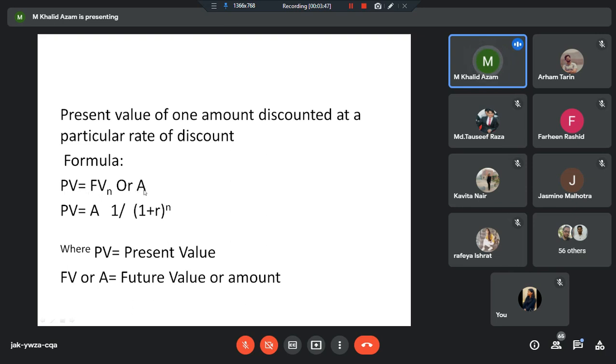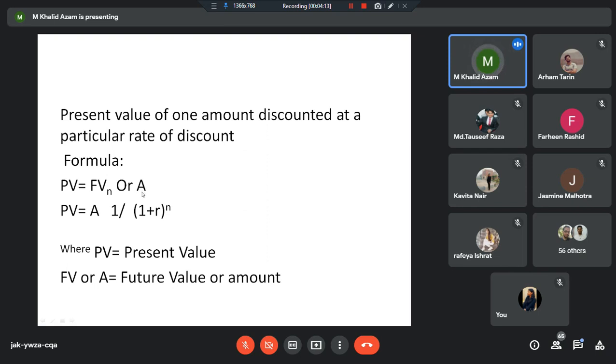Finance people say that you are investing in January, you are getting this amount in December, so the value of this amount is not the same as the amount invested. Why? Because you have invested and after 12 months, after a year, you are going to receive this amount. So the value of this amount will definitely be less than whatever it is showing.